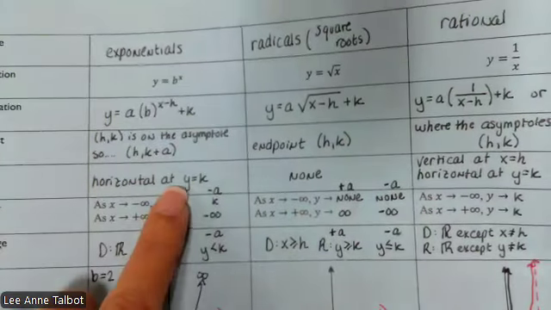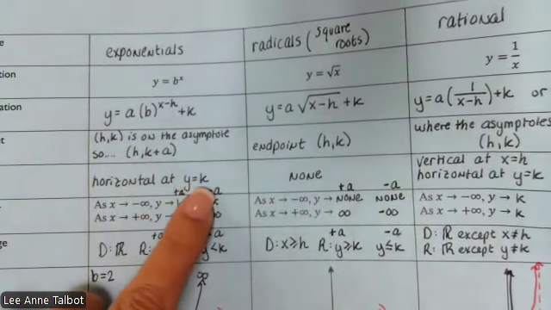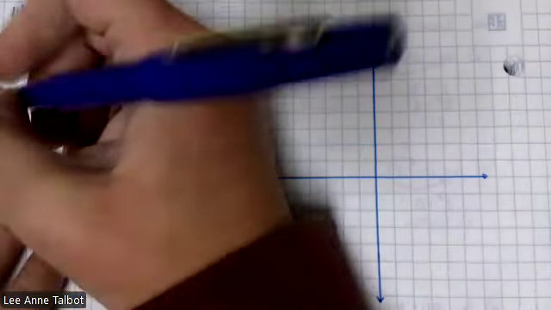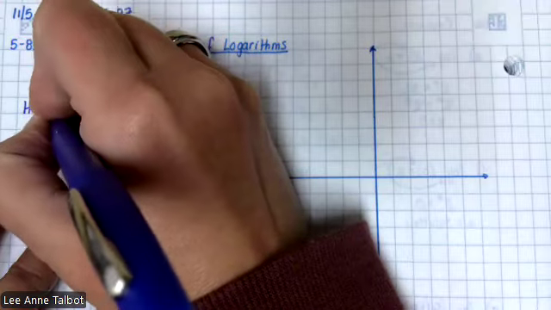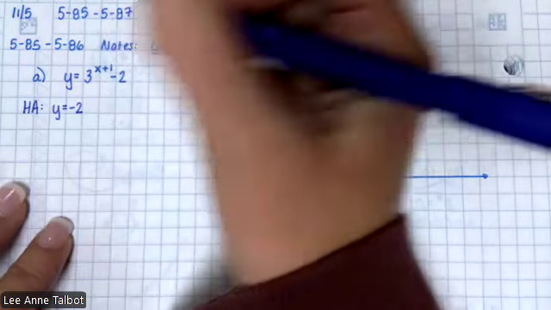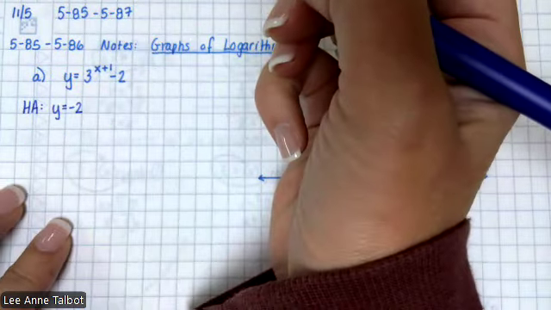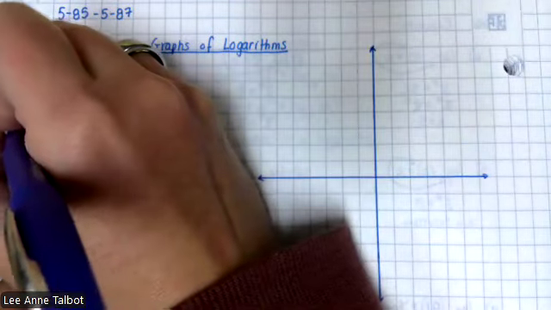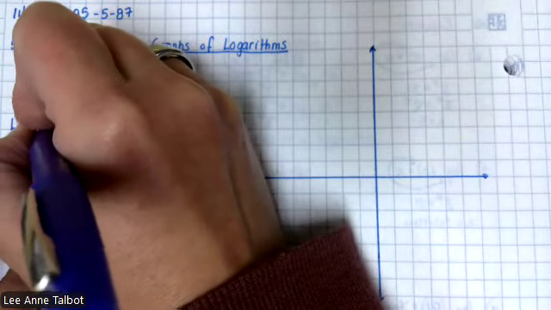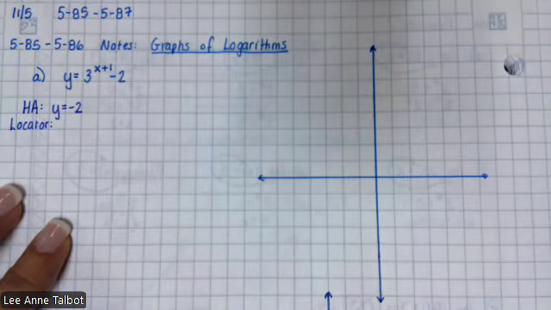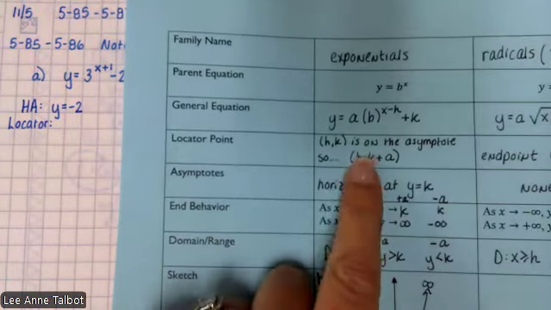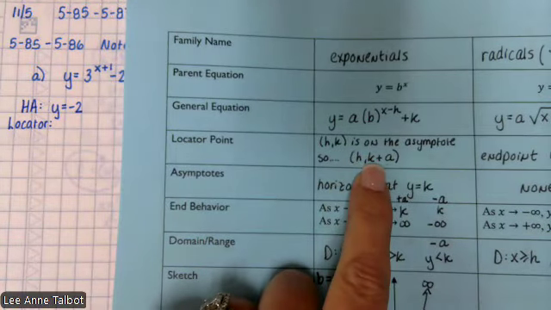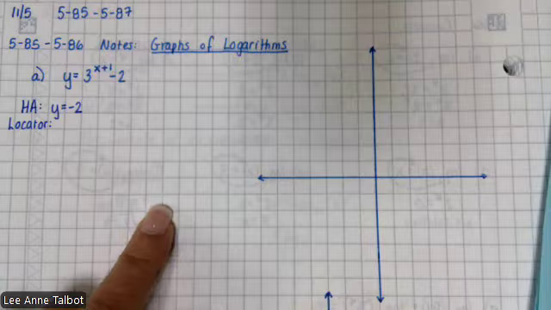So exponentials have a horizontal asymptote at y equals k. And they have a locator point of h comma k plus a.